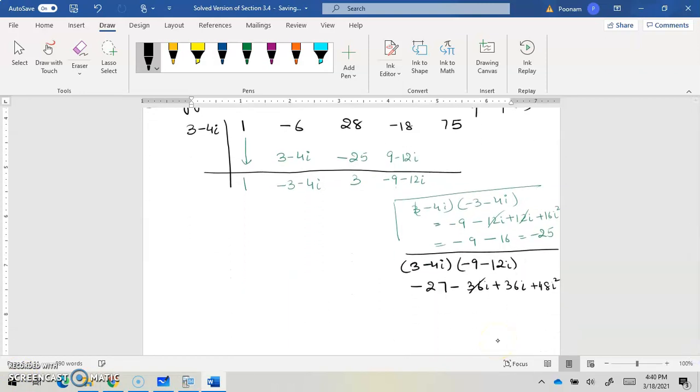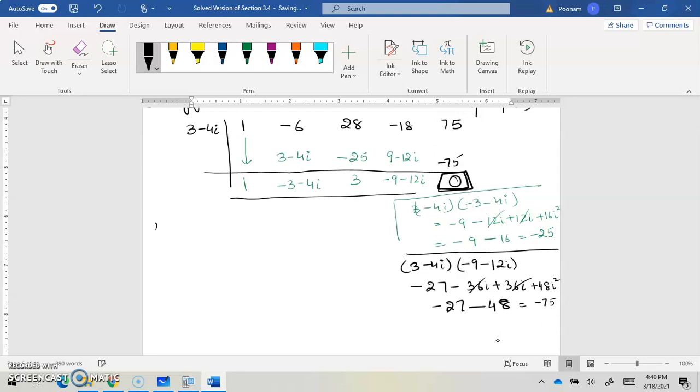So what do we have? This can cancel. Negative 27. 48 iota square is negative 1, so this is negative 48. That would be negative 75. So we write that here. When we add, we get 0. We knew that, right? But now we have the quotient.